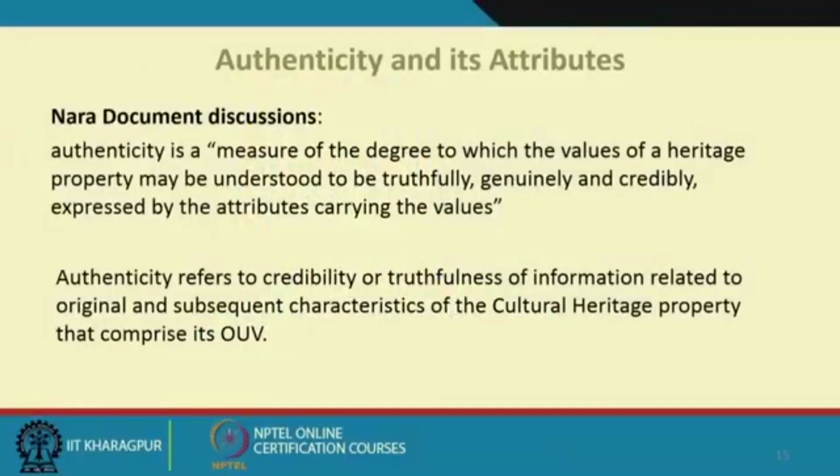So it depends on which attributes are important for putting it as a World Heritage Site of outstanding value. What are the attributes, what do they signify, how authentic are they, and what is the original, to what degree. That is what authenticity is, and that is what the Nara document discusses.